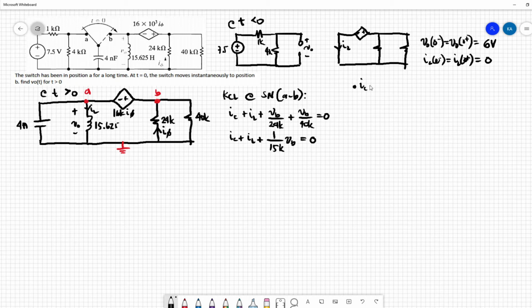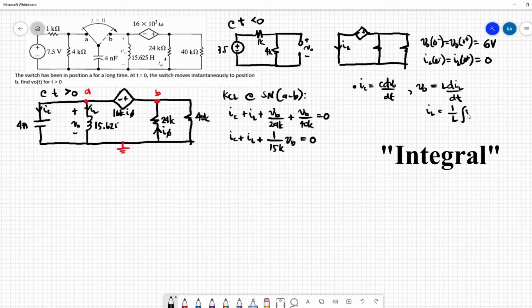Take note that iC equals C dVo/dt, since the capacitor and inductor are in parallel. So iC can be expressed as C dVo/dt, and Vo can also be expressed as L diL/dt, or our iL can be expressed as 1 over L integral of Vo dt plus initial value iL(0).